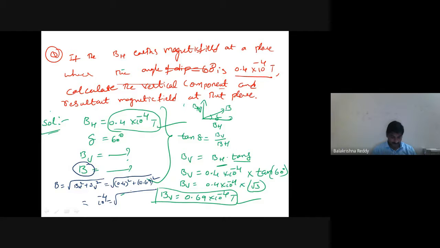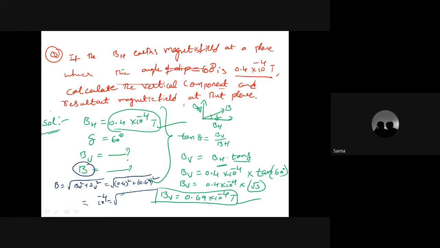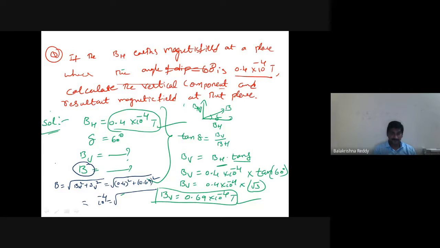And 0.69 square is about 0.476. So 0.16 plus 0.476 gives 0.636.